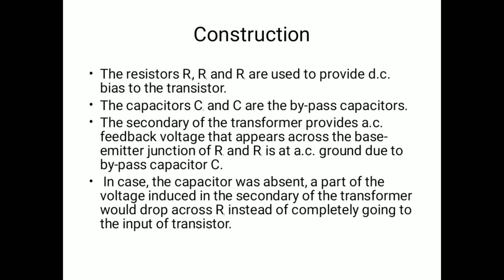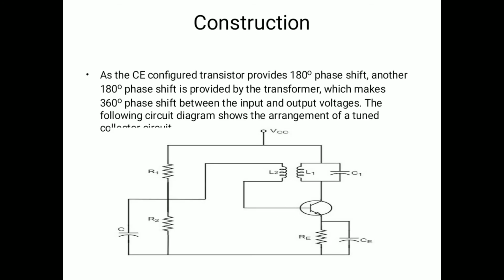R1 and R2 are at AC ground due to bypass capacitor C. As we know, in CE configuration the transistor provides 180-degree phase shift, and another 180-degree phase shift is provided by the transformer. So the total phase shift will be 360 degrees. The output and input voltages will be in phase because we are using positive feedback. This is the circuit arrangement for constructing the tuned collector oscillator.